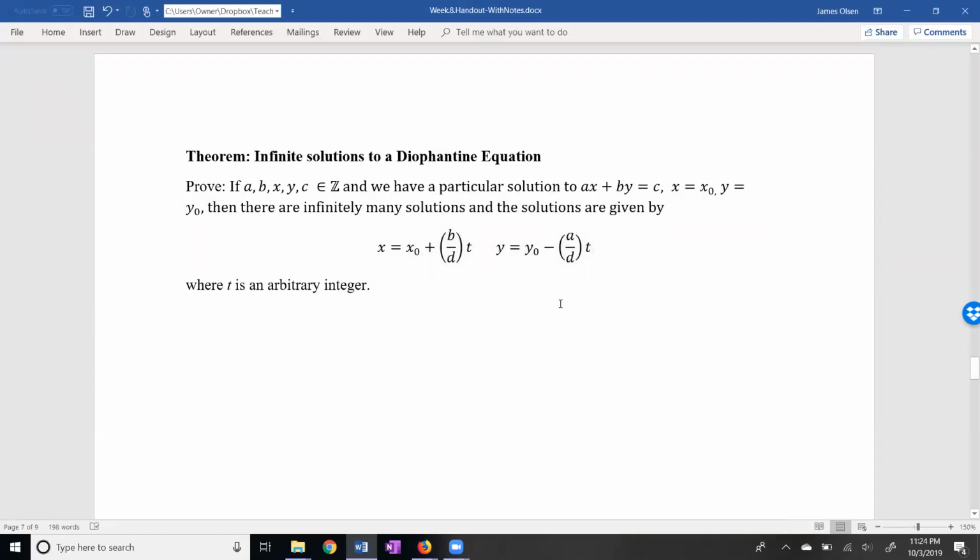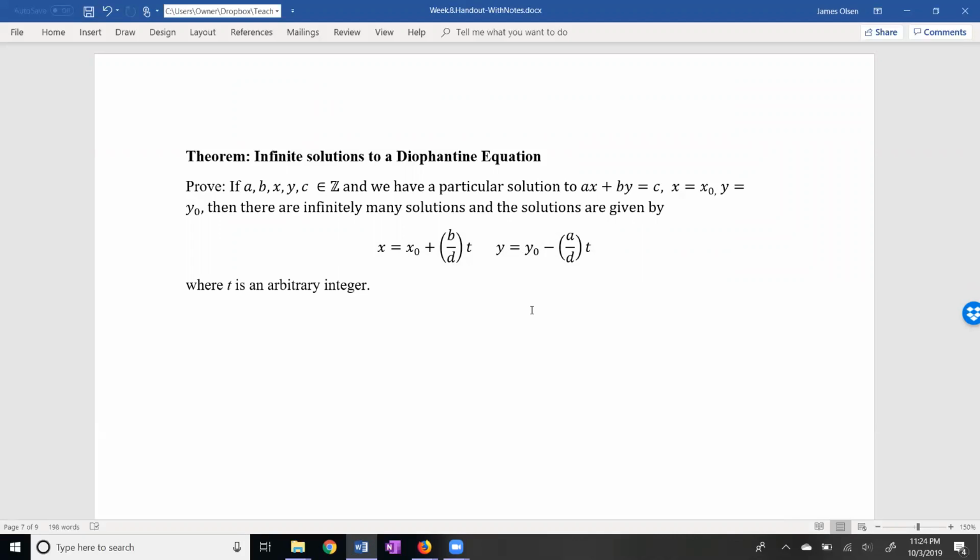This is not a typographical error. t is an arbitrary integer. If we plug in 0, we just get x naught and y naught. Plug in t equals 1, you get another solution. t equals 2, another solution. t could be negative. Any integer will give you another ordered pair.